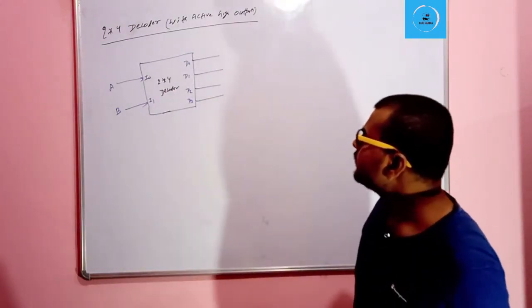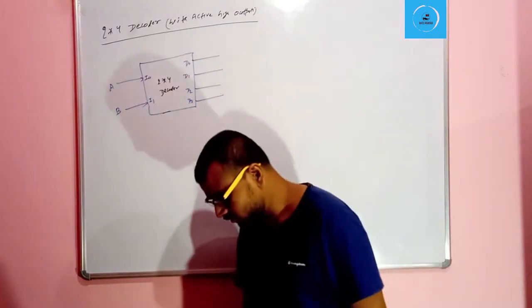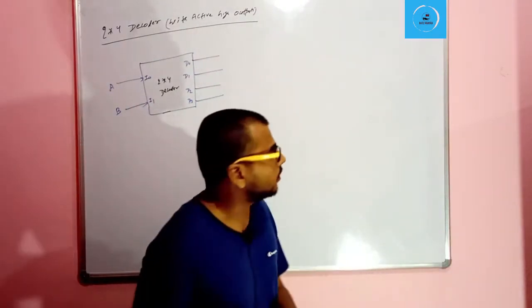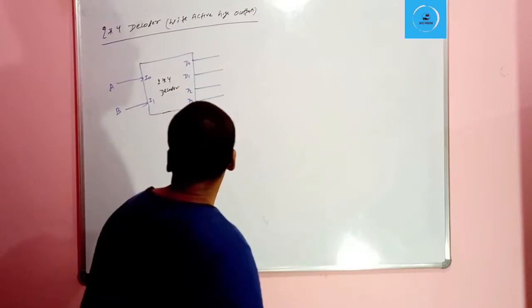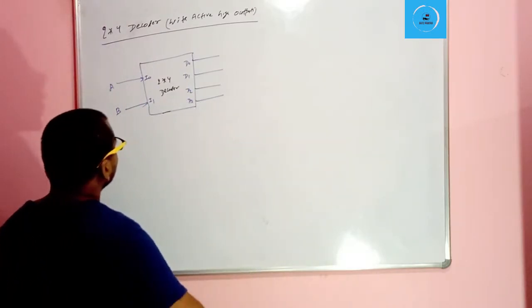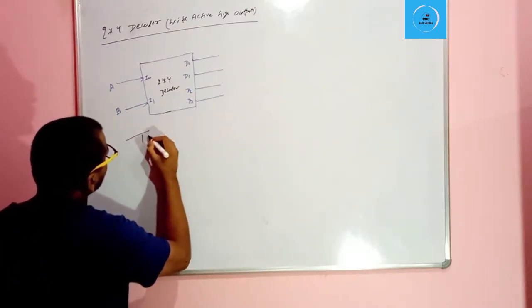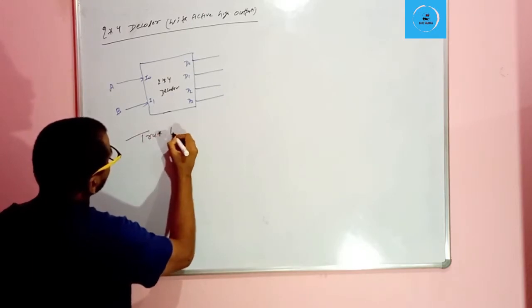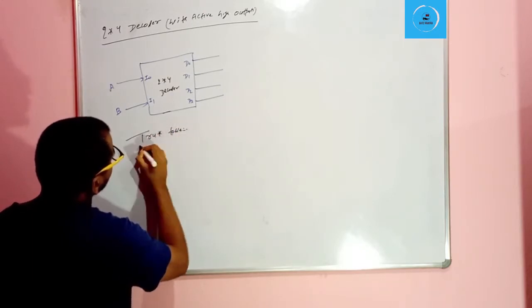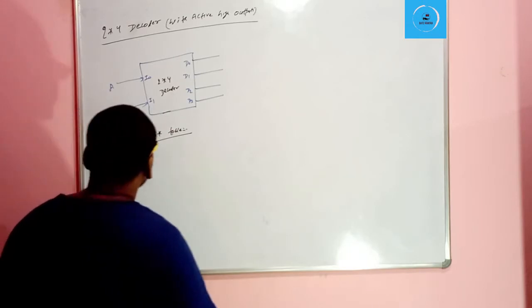Now we need to write the truth table of this 2 to 4 decoder.